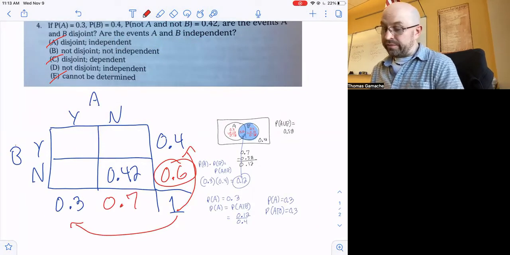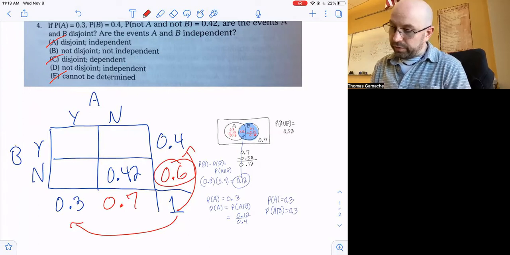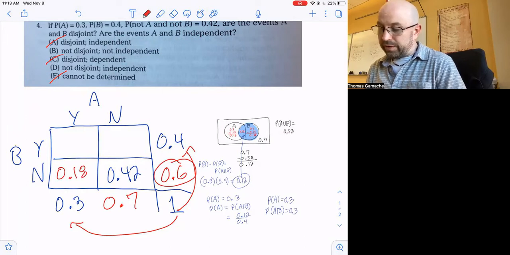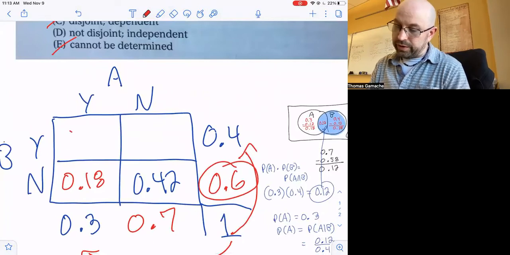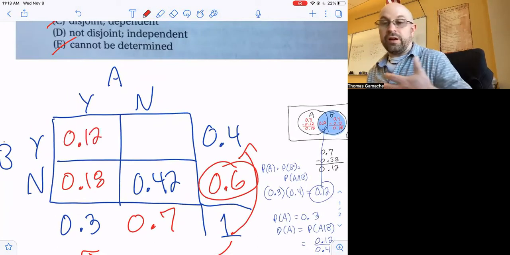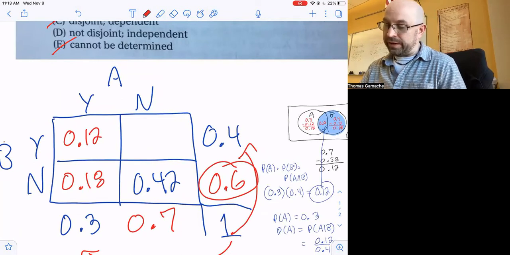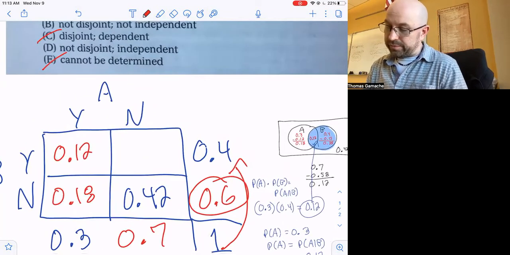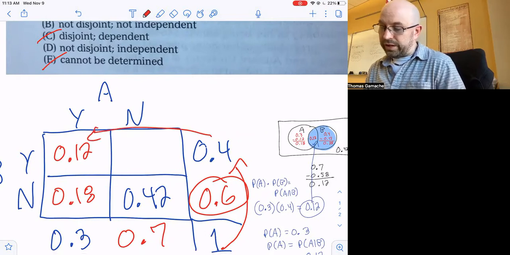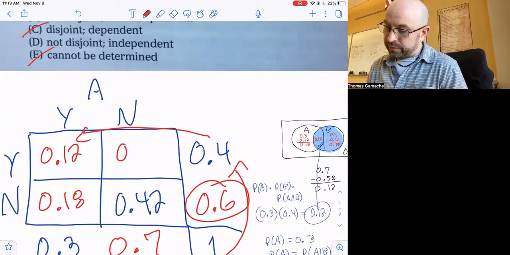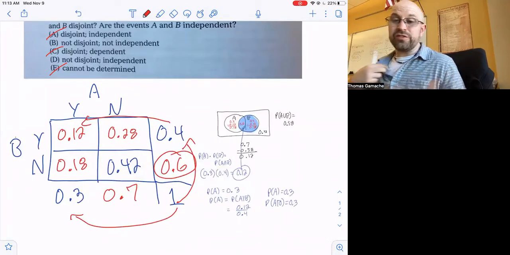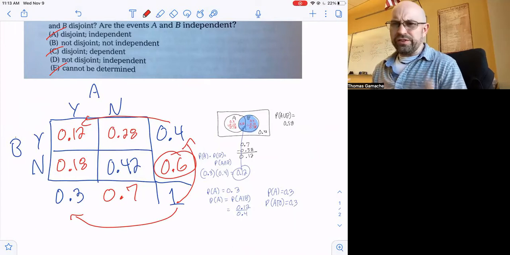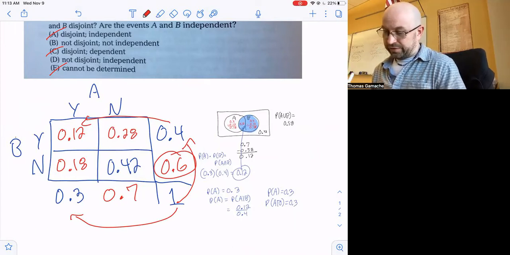Using this, I can start filling in some values. 0.6 minus 0.42 gives me 0.18, which is the probability of A happening and B not happening. 0.3 minus 0.18 will give me 0.12, the probability of yes and yes, A and B happening. And then I could do 0.4 minus 0.12 to give me the probability of B happening but A not happening, 0.28. There are a lot of ways you can do this using a table. You might have even thought to yourself, I would have subtracted in a different order. That's fine. The goal is that you're working with the unknowns to find these unknown values.